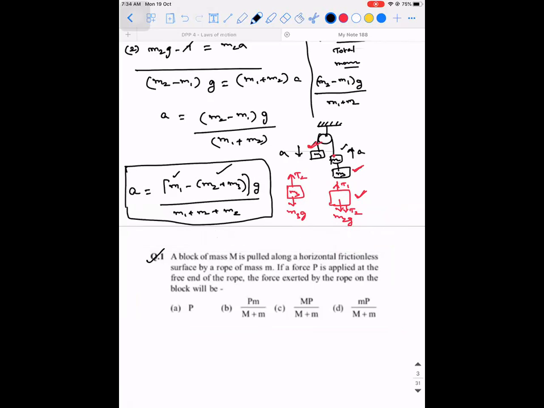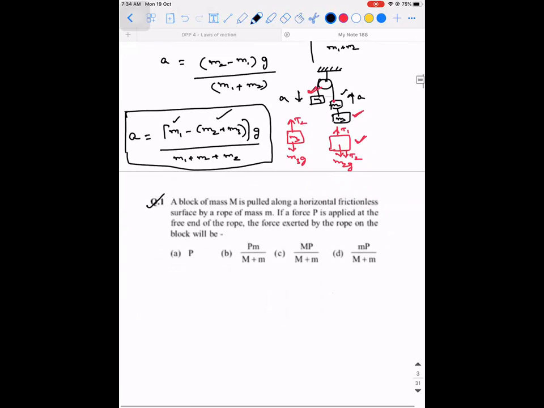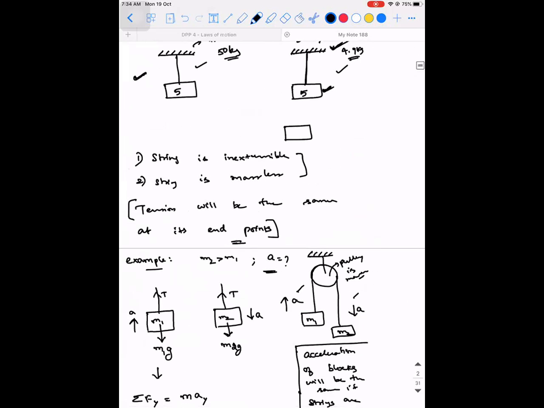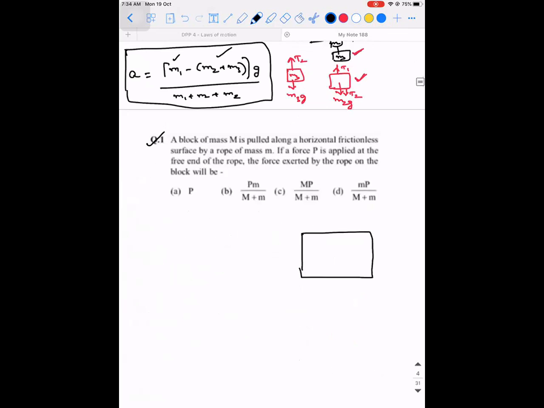There is a block of mass capital M that is pulled along a horizontal frictionless surface by a rope of mass small m. So here the rope is having mass m. If a force P is applied at the free end of the rope, the force exerted by the rope on the block will be. Now tell me how to do.